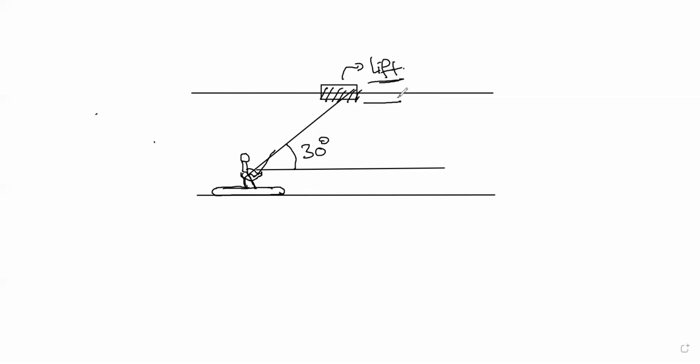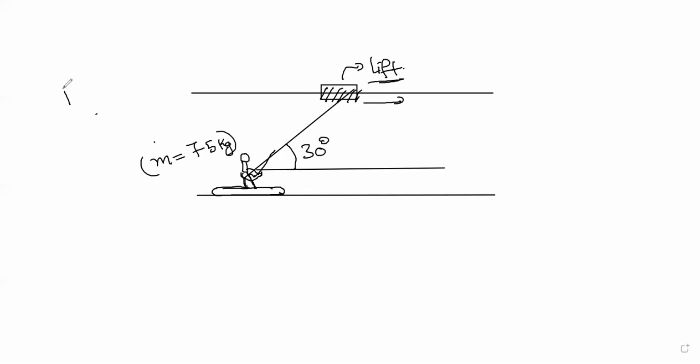This motor is moving like this and dragging this person in this direction. The mass of this person m is about 75 kg.